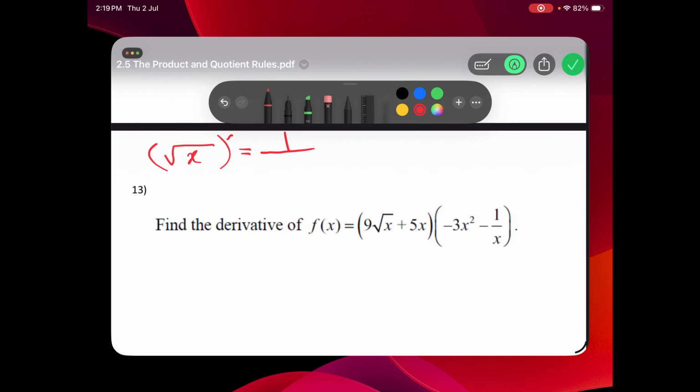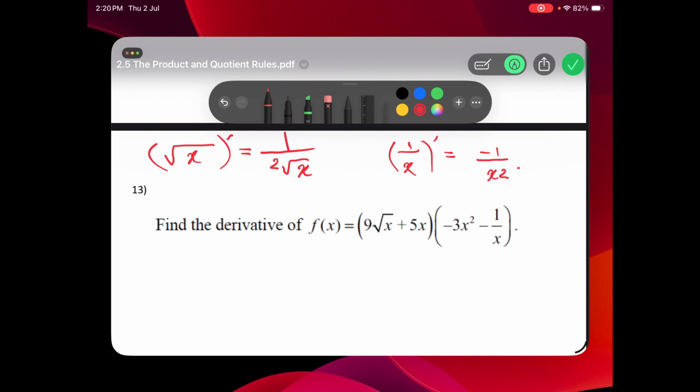This is very common, 1 over 2 radical of x. And what is the derivative of 1 over x? So 1 over x prime, the reciprocal function, is minus 1 over x squared. These are very common, and we will use them here, and we will apply what we call the product rule.